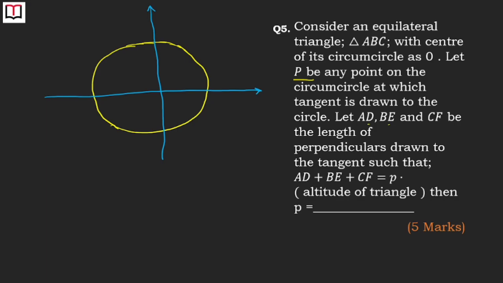Of course, remember two things: first coordinate geometry and then complex numbers, cube root of unity. So if I consider this circle to be x square plus y square is equal to a square, a circle whose center is the origin and radius is a, then this point is (a, 0).